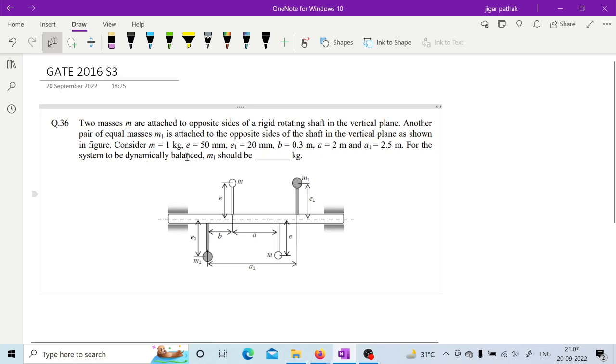Consider M is equal to 1 kg, E is equal to 50 mm, E1 is equal to 20 mm, E is equal to 0.3 mm, E is equal to 2 meter, and A1 is equal to 2.5 meter. So for the system to be dynamically balanced, M1 should be how much? So the simple moment balance, I guess you can try.